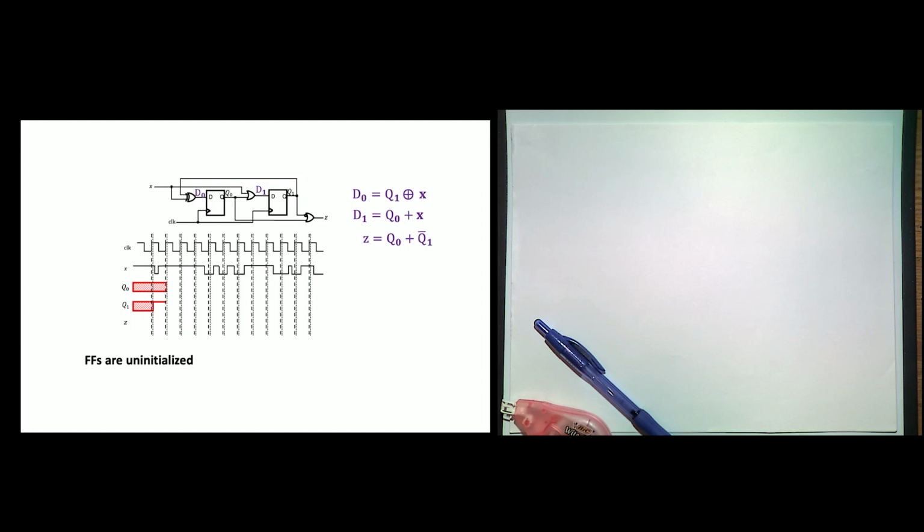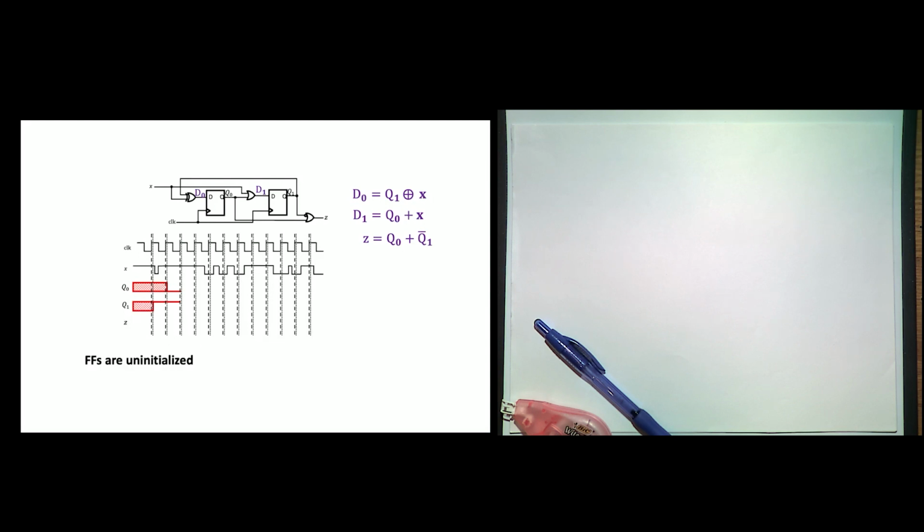Next clock edge, what happens with Q0? It goes to 0 because Q1 is now 1, X is 1, and 1 XORed with 1 is 0. What happens to Q1? It's still high.